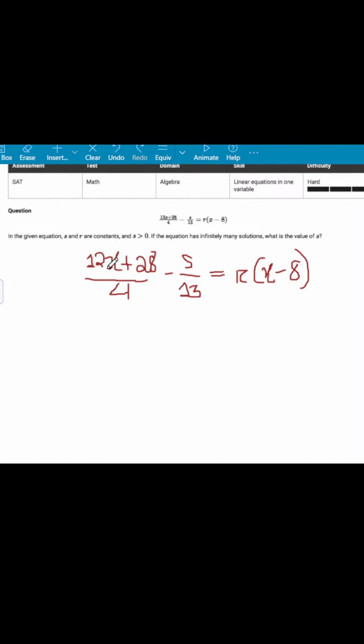Now first we'll reduce it. If you divide by 4, you can take 4 common in the numerator, so this becomes 4 times (3x + 7) over 4, and then we have s by 13 as it is. On the right, we can multiply the terms, so it will be Rx minus 8R.